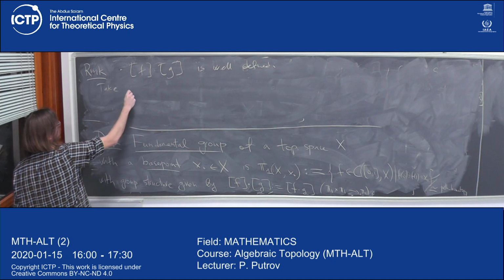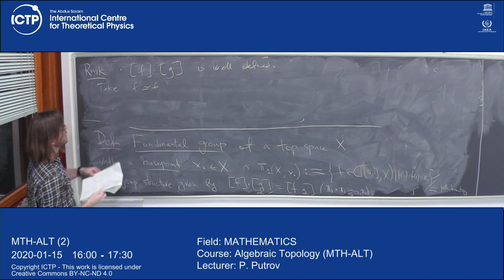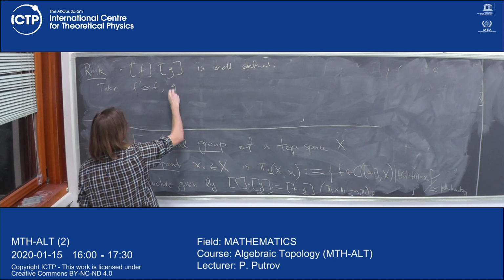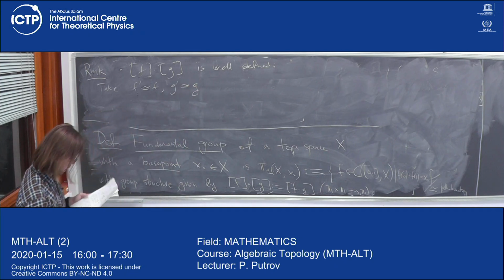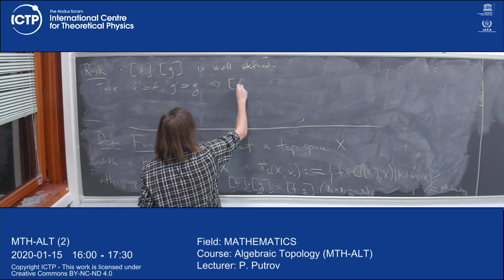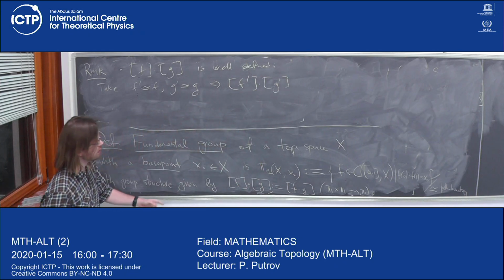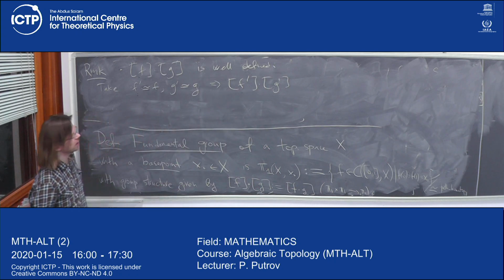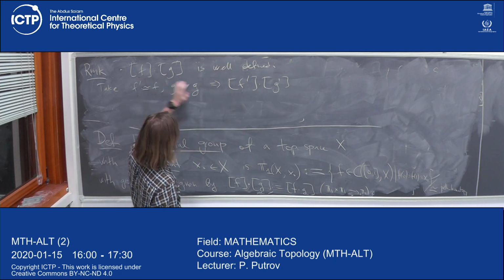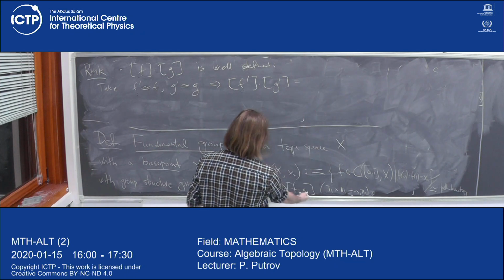For example, let me take another representative f prime of the same class. So take f prime to be path homotopic to f, and take g prime to be path homotopic to g. Let me calculate what this formula gives. For this pair the equivalence classes are the same, so we expect to get the same answer using this formula.